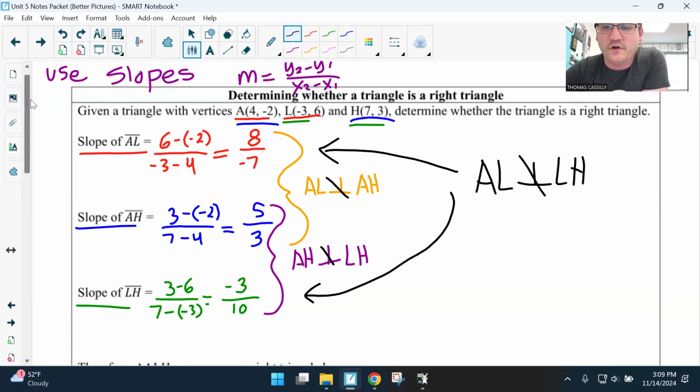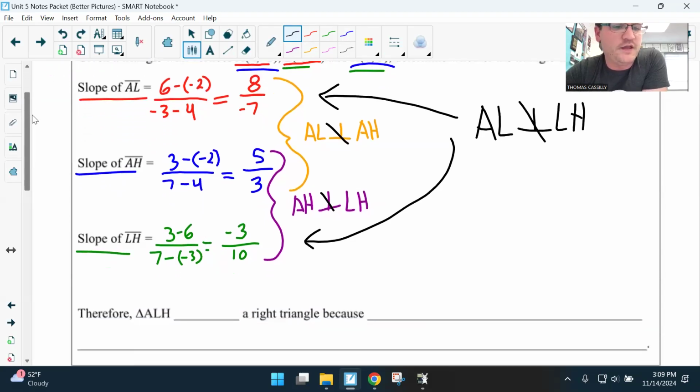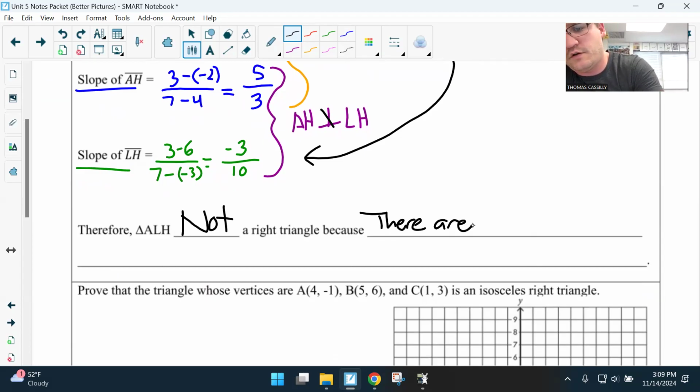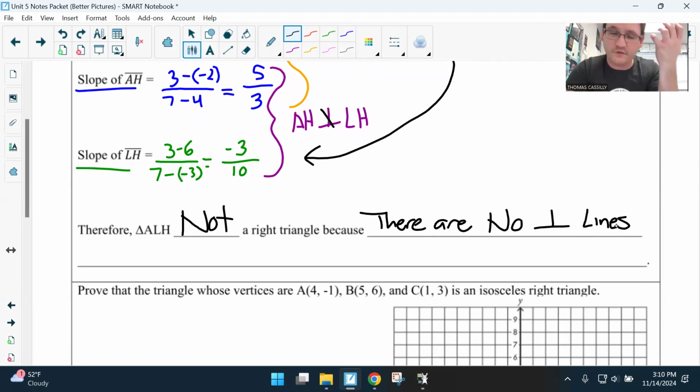That means there are no 90-degree angles, so there are no right angles. Therefore, this is not a right triangle because there are no perpendicular lines. And that one's done.